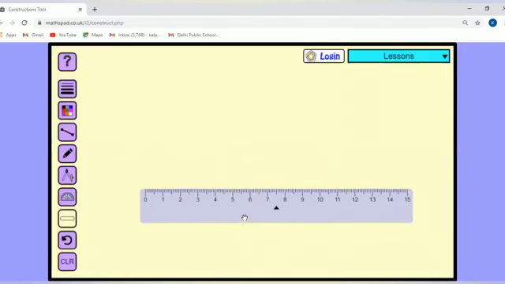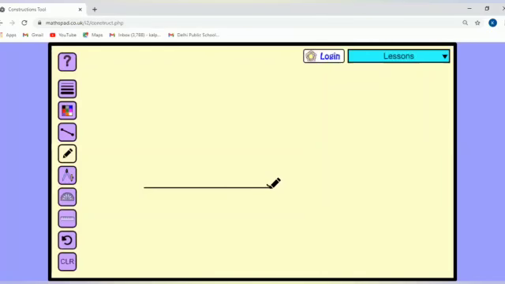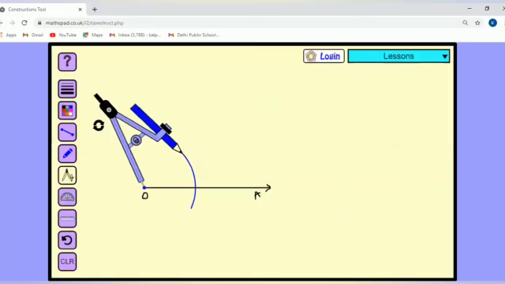First, take the ruler. Draw a ray OA. Now taking O as center, with convenient radius, draw an arc.